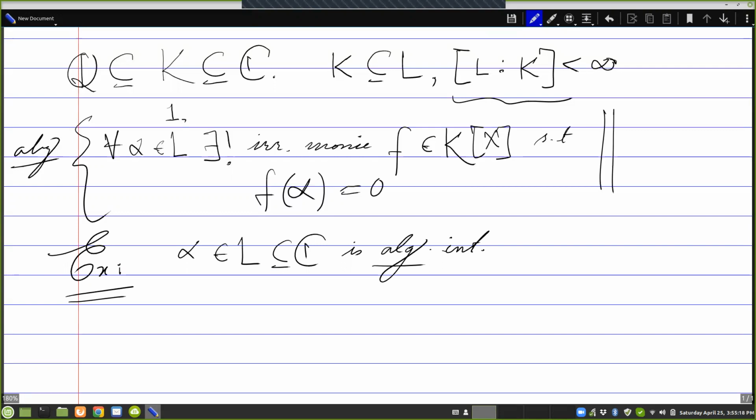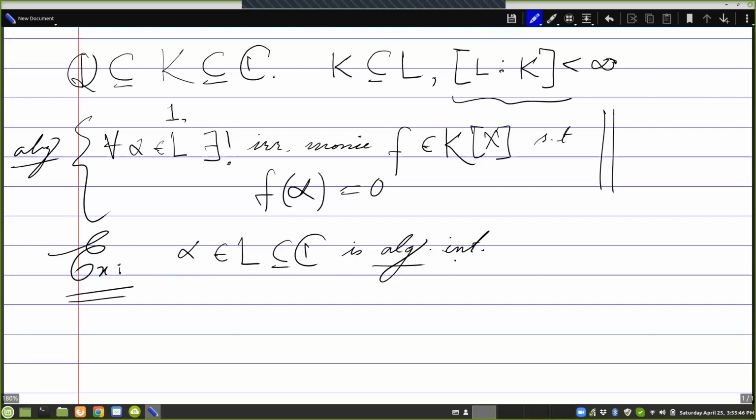So if alpha is an algebraic integer, it automatically becomes an algebraic element over Q. Let's make a terminology: for any complex number alpha, if alpha is algebraic over Q, then I will call alpha an algebraic number. What we have seen is that every algebraic integer is automatically an algebraic number.